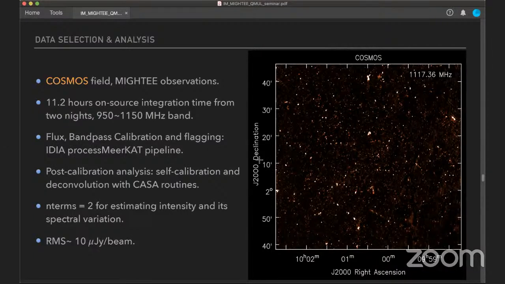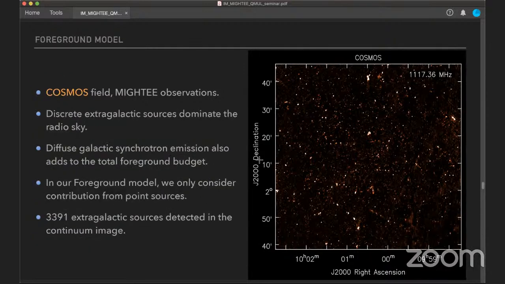We are able to get an RMS of about 10 microjansky per beam in the image. And if you look carefully at the image, you see that discrete extragalactic sources dominate. We see very little or no diffuse galactic synchrotron emission. So it tells us that it has a weak contribution in the total foreground budget.